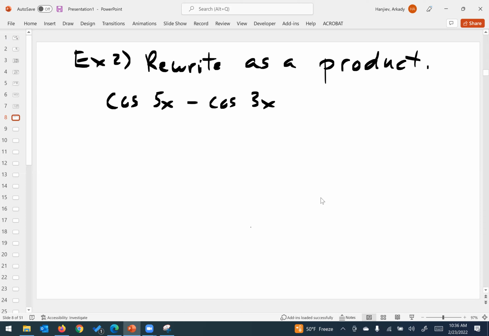Wait, so in this, alpha would be 5 and beta would be 3, not negative? Correct. Beta is just 3. So the bottom formula is -2 sine of the two of them added together divided by 2. That's just 4x.